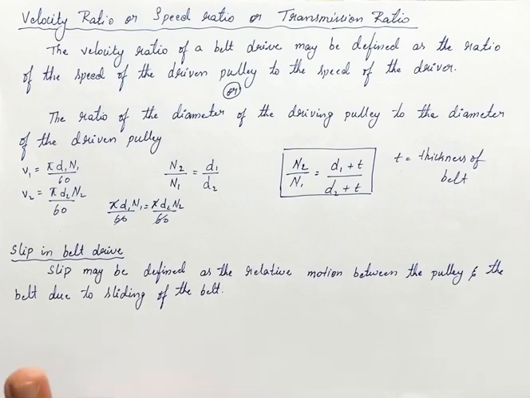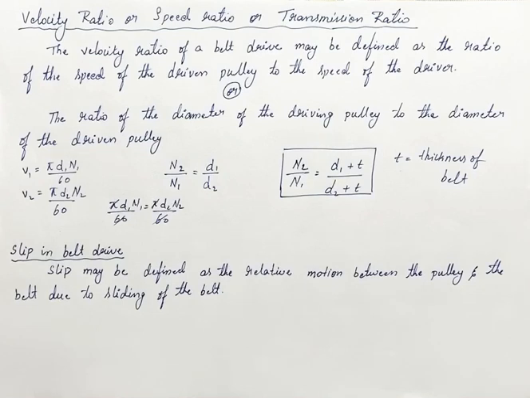That difference in the velocity is called the slip here. Or else, when we take the driven pulley, the belt will be moving but not the driven pulley here. That difference in the velocity is called the slip here.